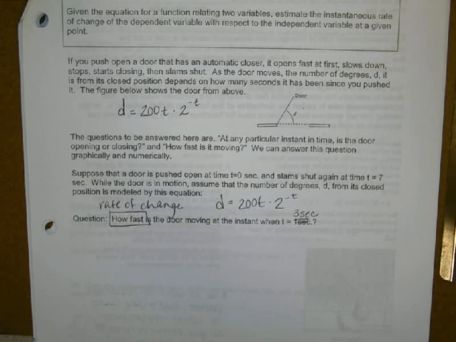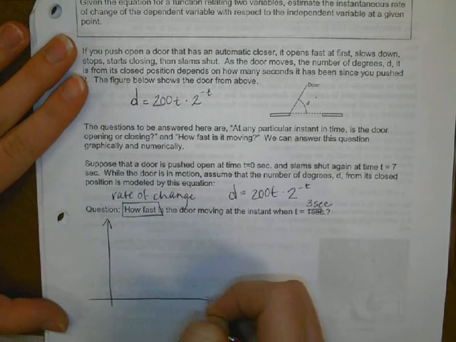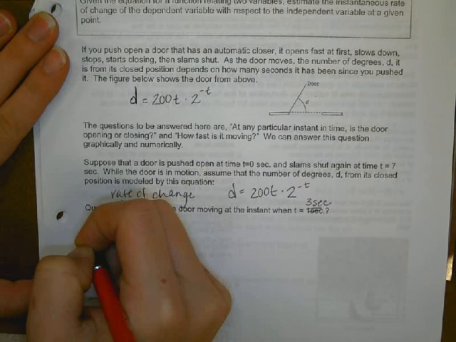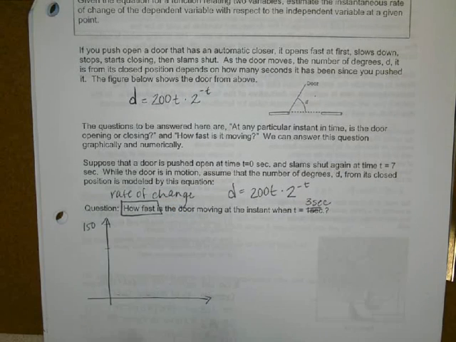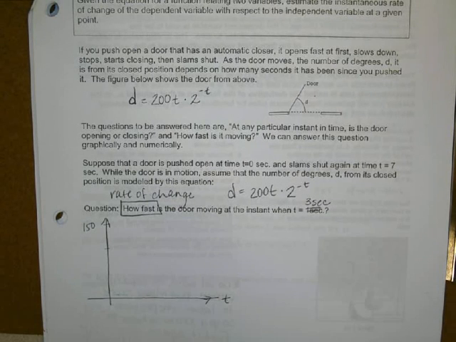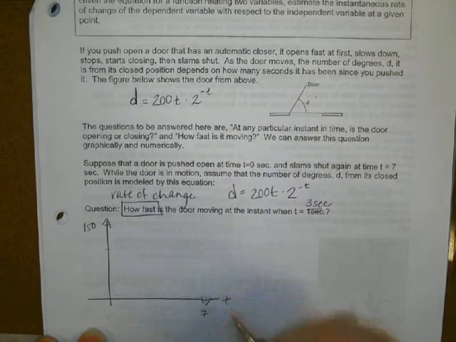Okay, so the first thing that we're going to probably do here is make a graph. To save us some time, I'm going to give you a window. We know that my independent variable here is going to be time, and I was told that the door closes at 7 seconds, opens at 0.